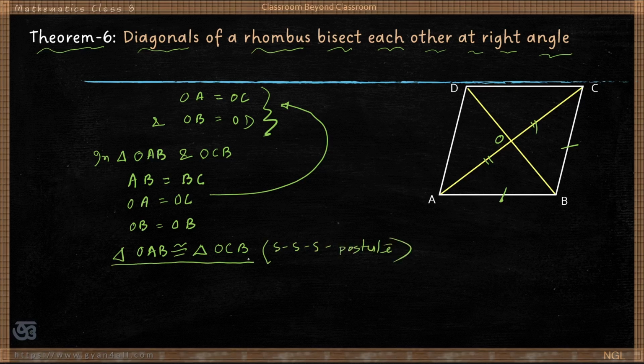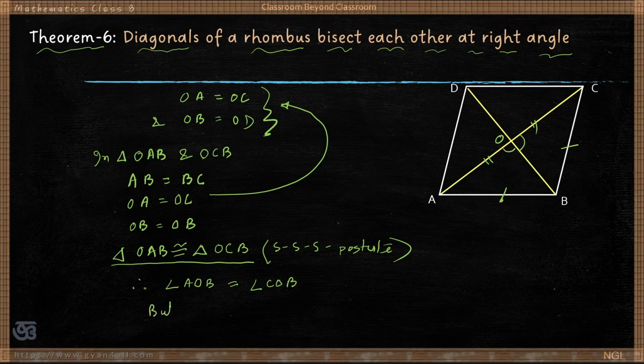According to the SSS postulate, these two triangles are congruent. Therefore angle AOB is equal to angle COB. That means this angle is equal to this angle.